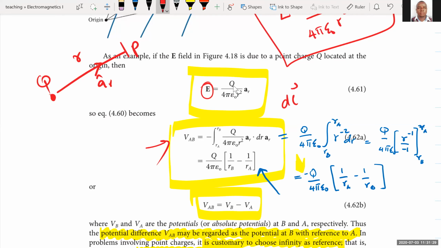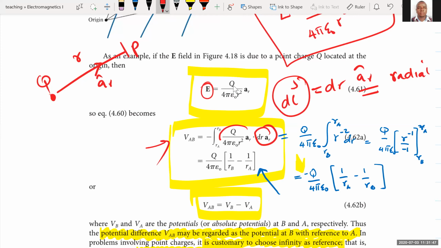We are saying that this dL is now equal to dr a_r, because it is in the radial direction, like around the radius. And therefore, since we have that, this becomes our a_r, and this is our vector that we have defined in equation 4.61 here, and therefore you can just now work it out.